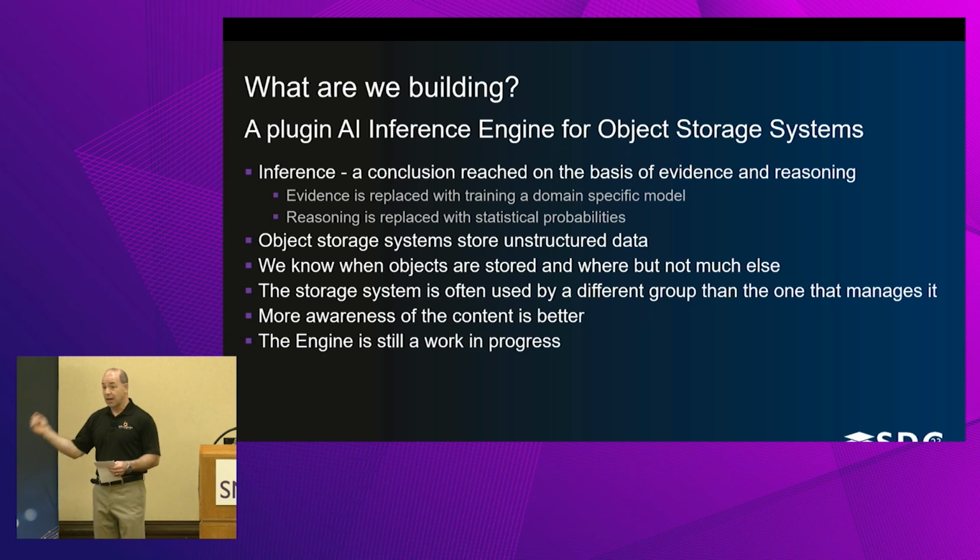Object storage systems are a good place to start because they store a lot of unstructured data, and a lot of people put a lot of things in them, and the people who manage those systems may not have real awareness of what got into them. They become large dumping grounds.